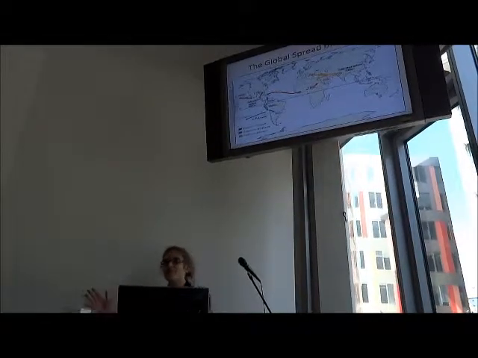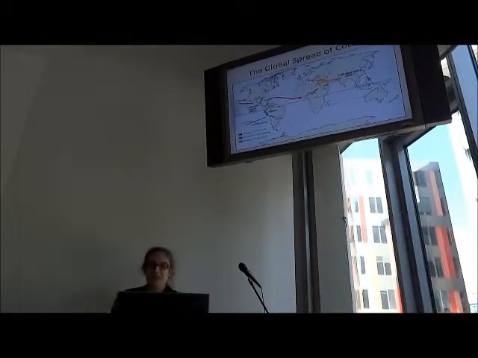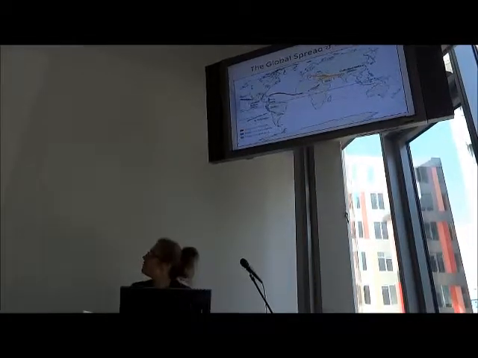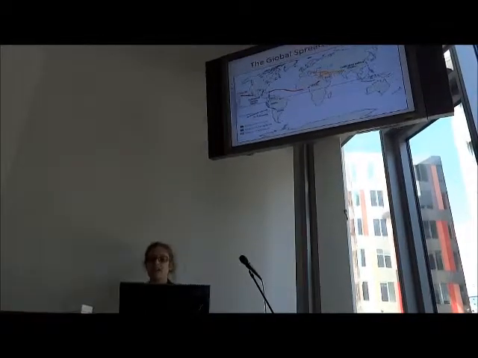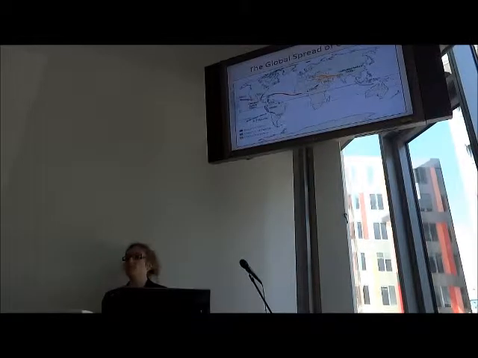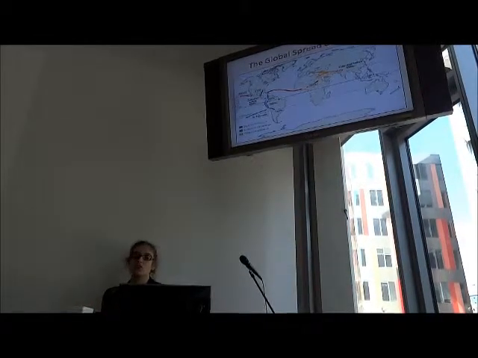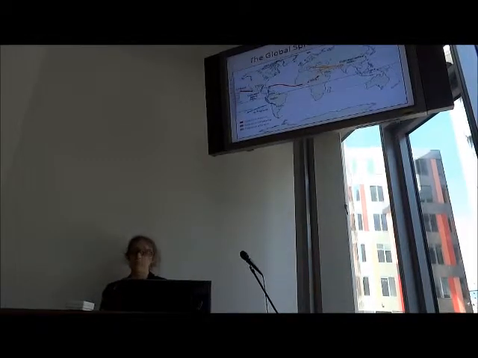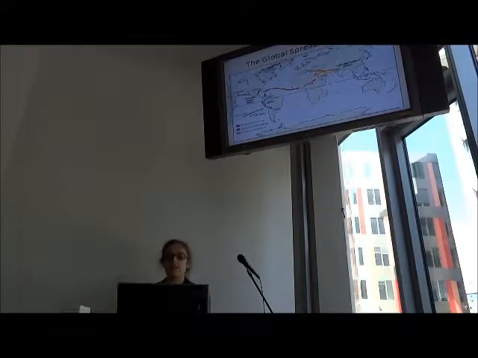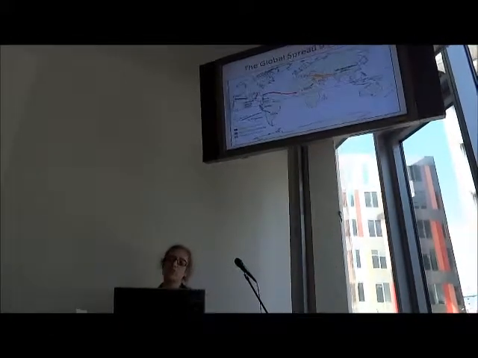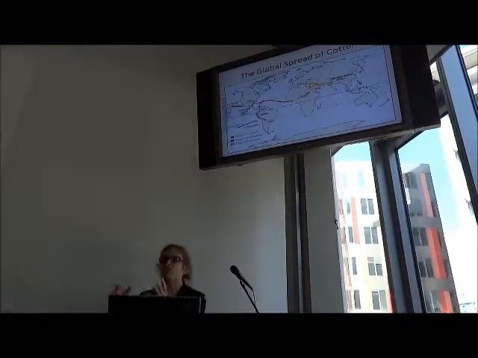Over that 5,000 year period, it's spread. So you can see from the yellow line, that's cultivated before 3000 BC. Cotton spread from the Indian subcontinent west towards the Middle East. Each of the colours represents a different kind of cotton.